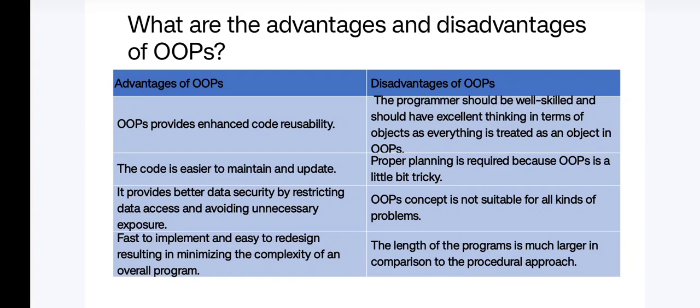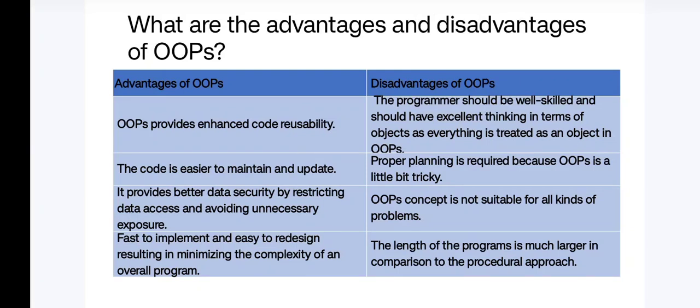Next advantage: it provides better data security by restricting data access and avoiding unnecessary exposure. If you have read about OOPS, you should know that it provides encapsulation, which is a data hiding technique, and abstraction as well.